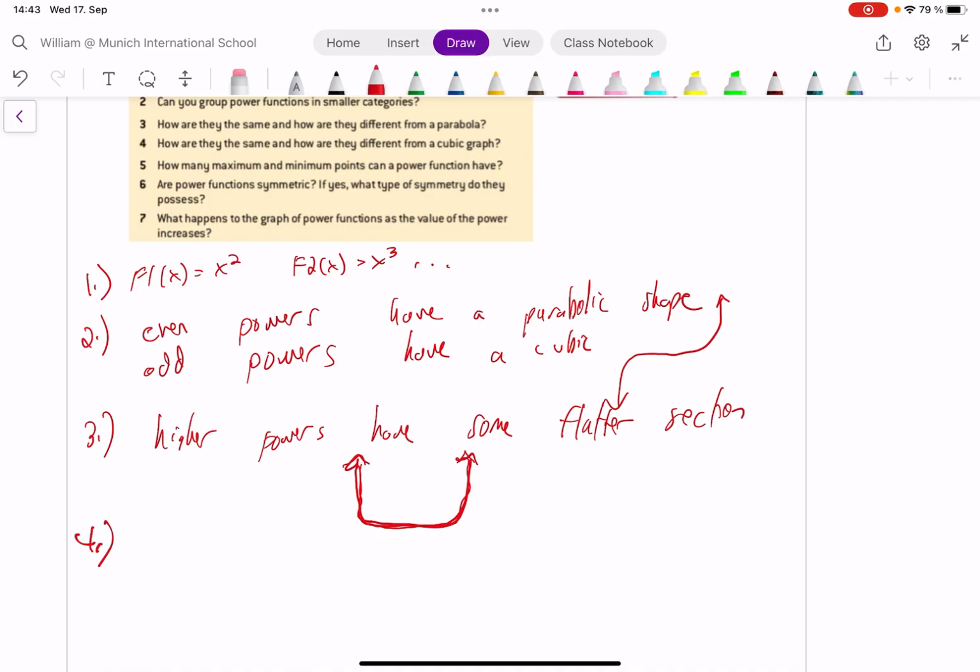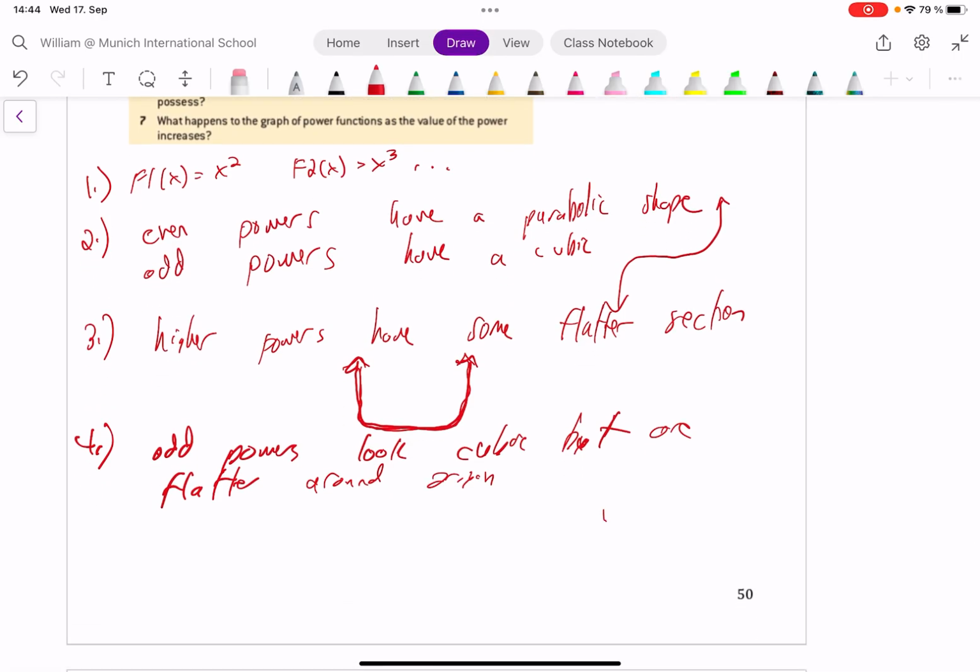The odd powers look cubic, but are flatter around the origin. This is what I drew before, something that just kind of gets flat. If you do x to the 17th, it's going to be this really weird flat function that's flat in the middle, but then rises on the right, falls on the left.